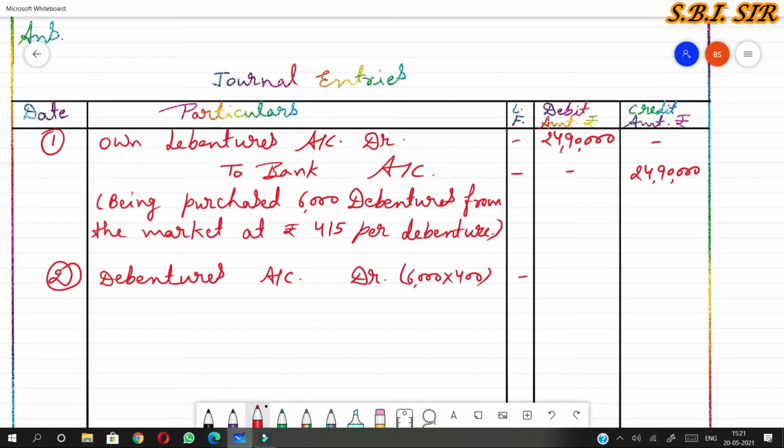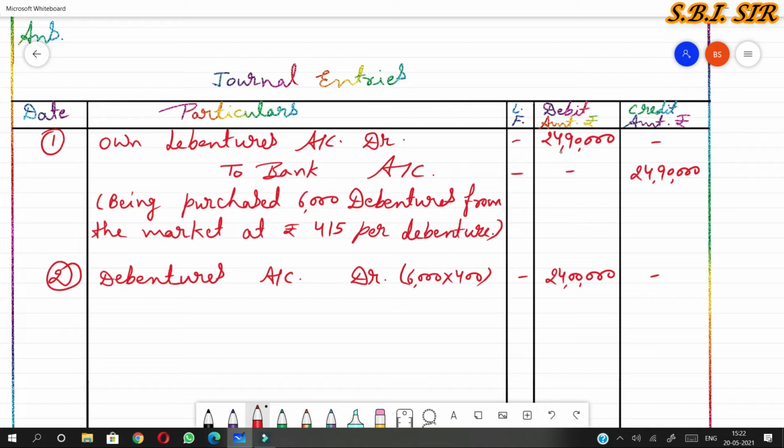The value will be 24 lakh. Then on the credit side, we have to credit own debentures account. Then there is more amount on the credit side than the debit side. So there will be a difference amount on the debit side.